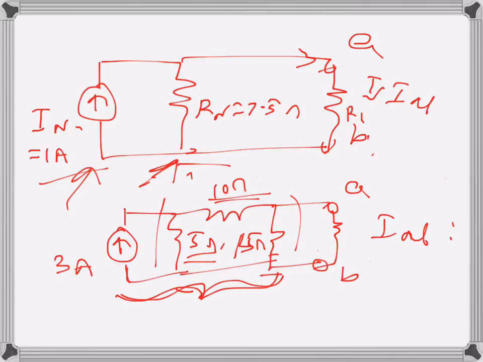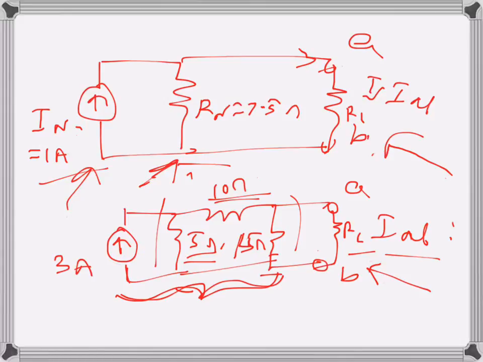Let's call the resistance RL. If RL was connected here, by whatever method we had used in the original circuit, we would get a value of IAB, which is the current through RL. That will be the same. The current using the Norton equivalent circuit will be the same.